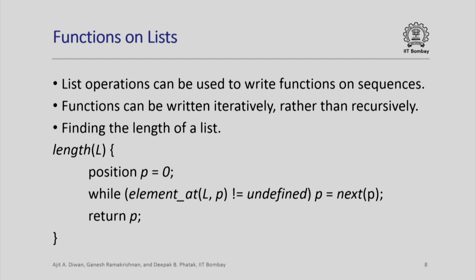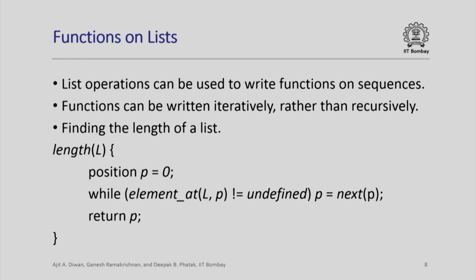So, length function can be defined as I define a variable called position whose value is 0. So, remember positions are just numbers. So, we can assign a value to a position P which is 0, and now while there exists an element in list L at P, we set P equal to next P, right.